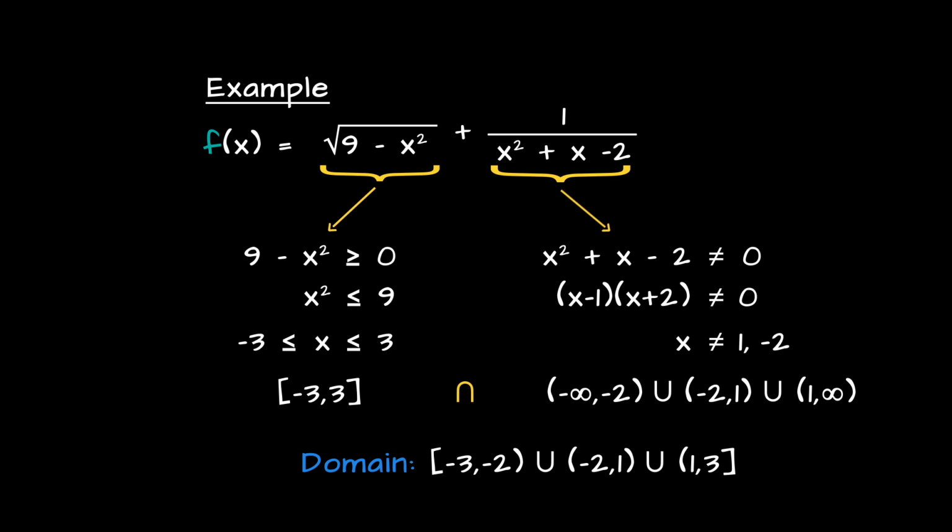Taking the intersection, we therefore see that the domain of f is the union of three separate intervals: the half-open interval from negative 3 to negative 2, the open interval from negative 2 to 1, and the half-open interval from 1 to 3. Again, that might look kind of complicated, but it's just a way to describe all of the real numbers that are in the closed interval from minus 3 to 3 and that do not equal negative 2 or 1.